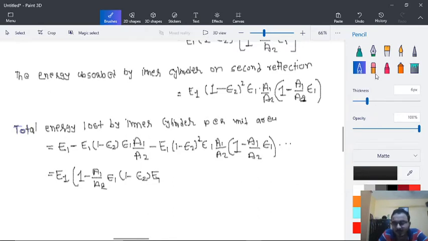E1 is already common, so we don't need to write this, minus 1 minus epsilon 2 square epsilon 1 A1 upon A2 into 1 minus A1 upon A2 epsilon 1, and so on.